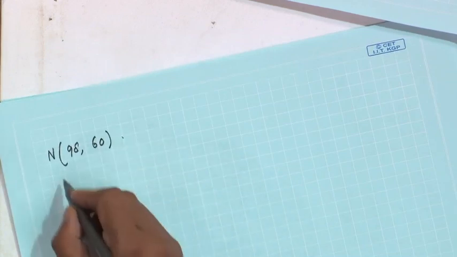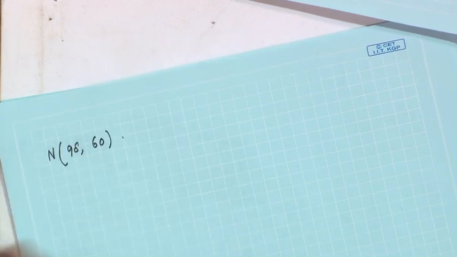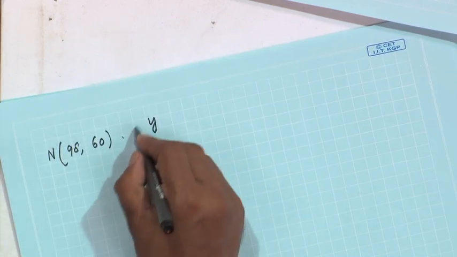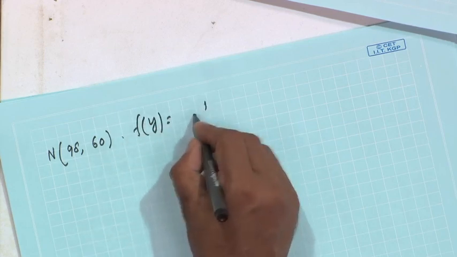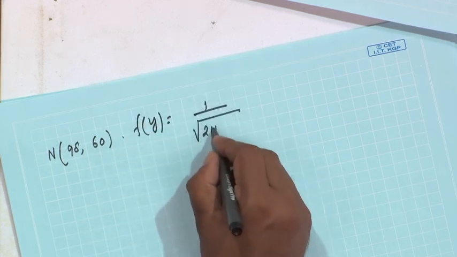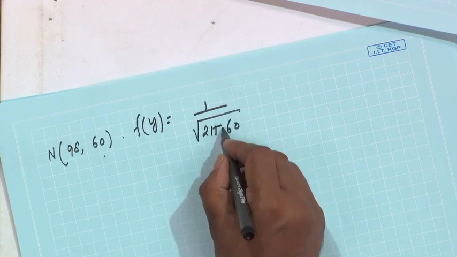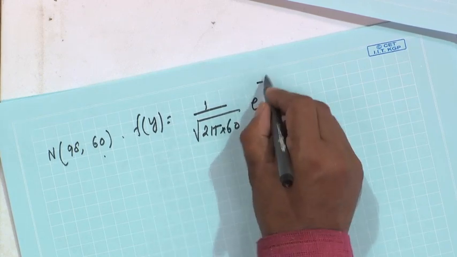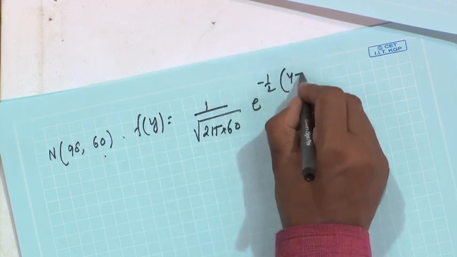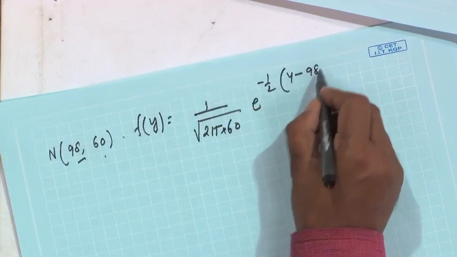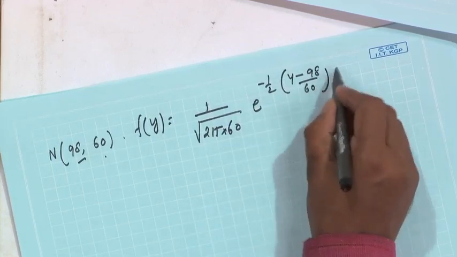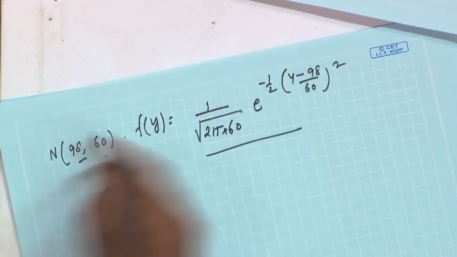If I want to know the PDF for this, with y as the response variable, it is 1 by root over 2 pi times 60, e to the power minus half ((y minus 98) by root 60) squared. This is the PDF for this process.